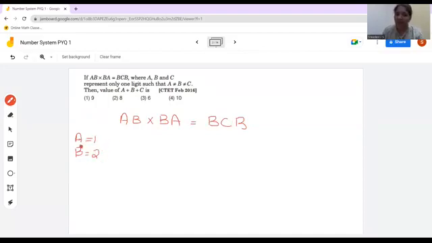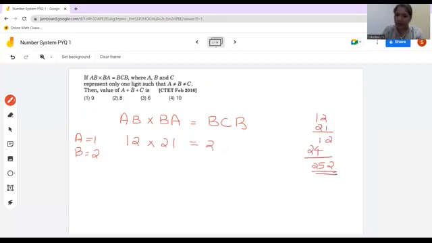Okay. So let us take A as 1 and B as 2. So when we substitute, what we will get? In the place of A, 1, in the place of B, 2. So 12 into, again in the place of B, 2, in the place of A, 1. That is 12 into 21 is equal to what? When we multiply, 12 into 21 is 252, right?